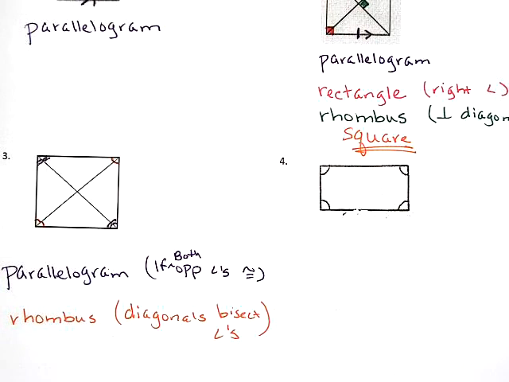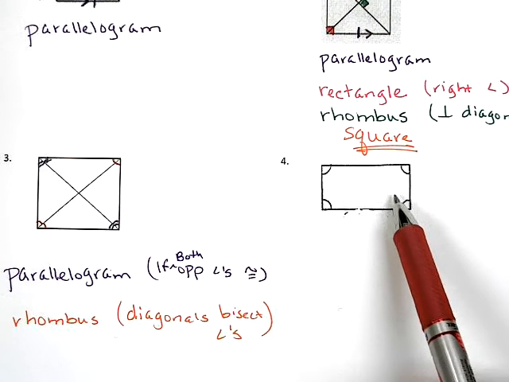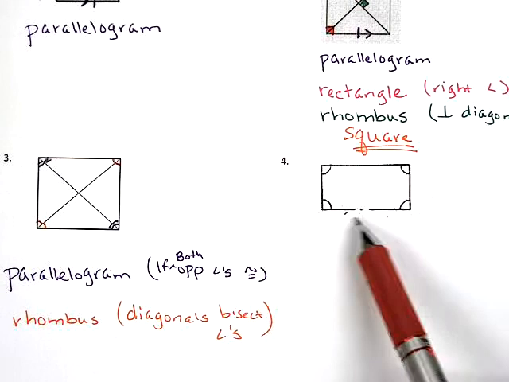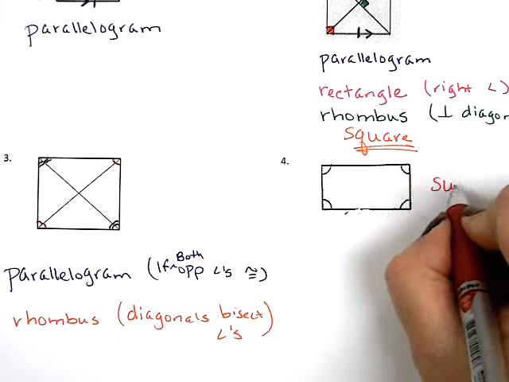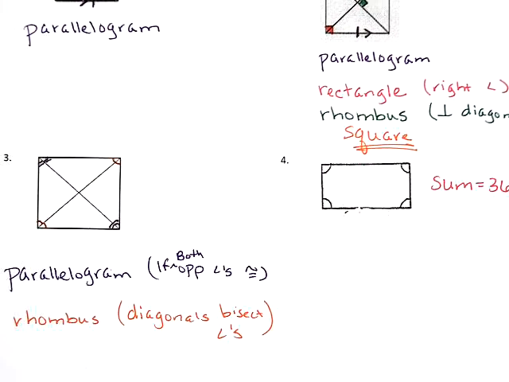All right, question 4. We got this 4-sided figure. Okay, cool. And we've got that all of the angles are congruent to each other. Well, we know that in a quadrilateral, the sum is 360. We know that from earlier in the chapter.